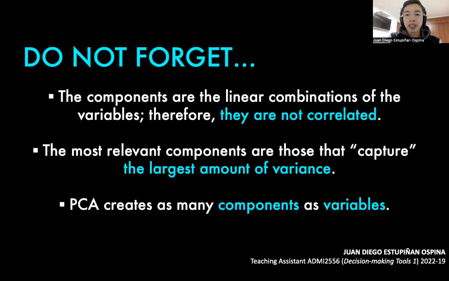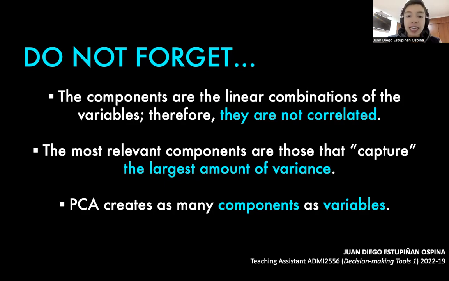Also, some aspects that you must not forget are that the components are linear combinations of the variables, and therefore they are not correlated. This is because it is expected that each component represents different information, different variables. Also, the most relevant components are those that capture, as I say, the largest amount of the total variance of the data.